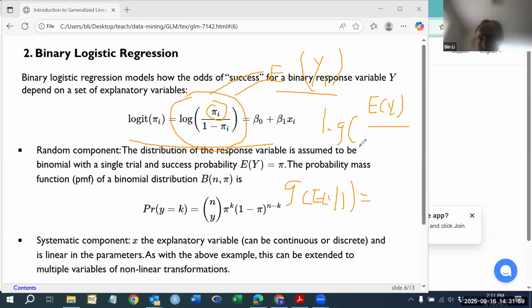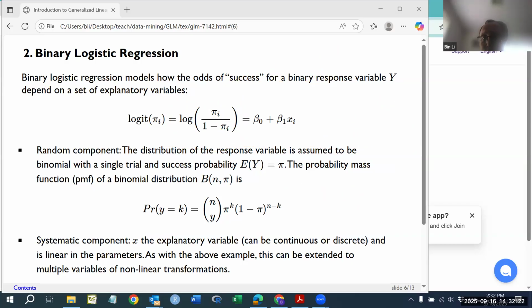Of course, this is a function of the expected value of y, and in statistics that function has a name, called the logit. So the logit link is the link function that we use for logistic regression, and that's why it's called logistic regression.